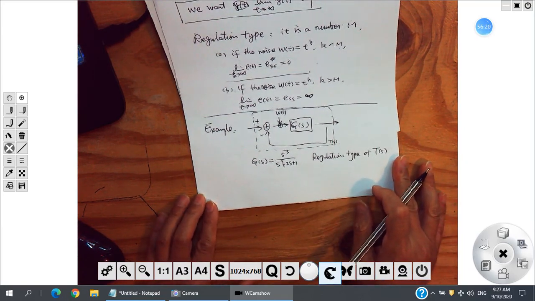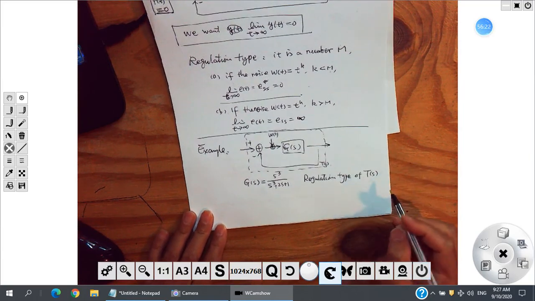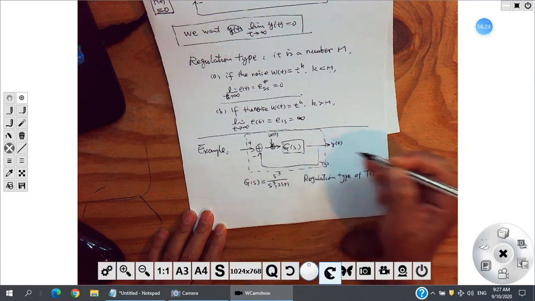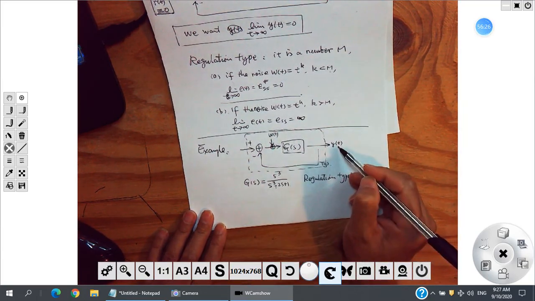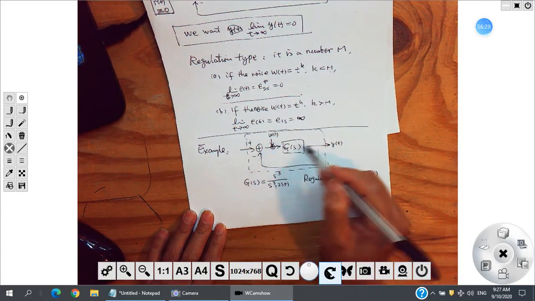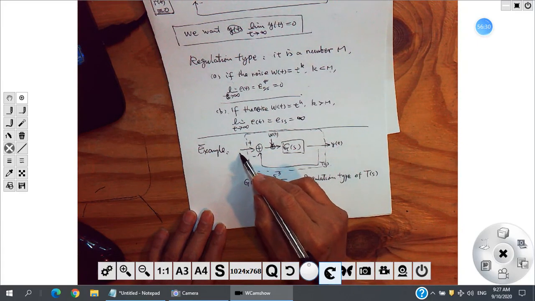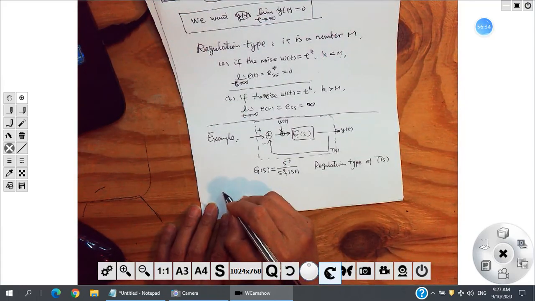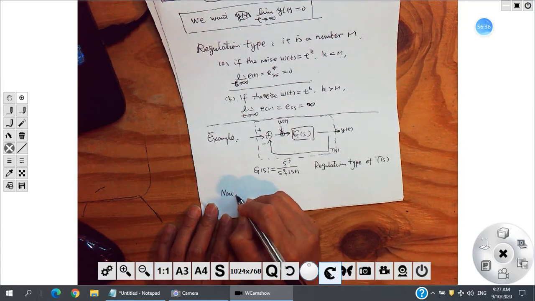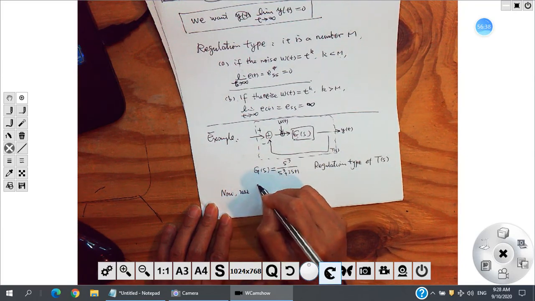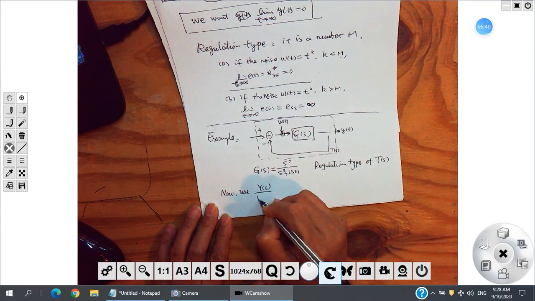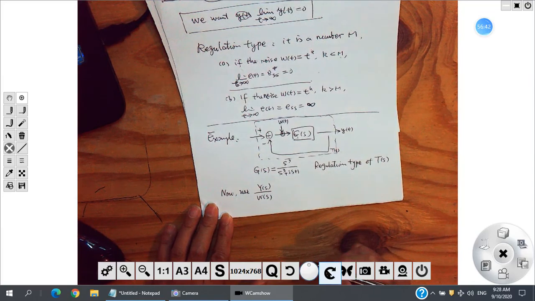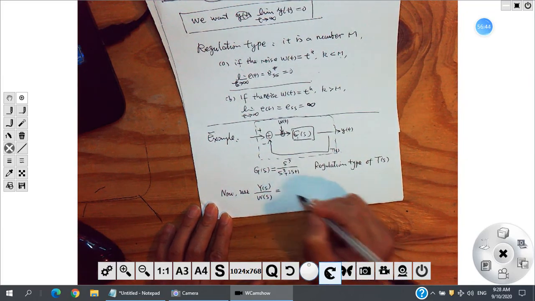Now we need to consider what? We need to consider from W to Y, right? You consider R is 0. Input is 0. You consider W and Y. So here, now use Y of S over W of S.